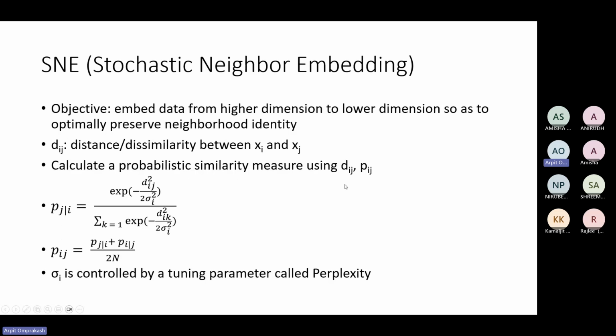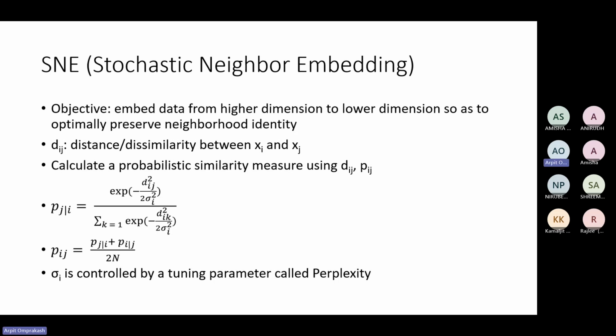Okay. So we'll move on to t-SNE. Before t-SNE, we'll talk about stochastic neighbor embedding, SNE. This is again a nonlinear dimension reduction technique where the objective is to embed the data from higher dimension to lower dimension so that we preserve the neighborhood identity.